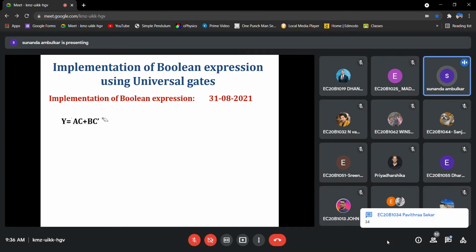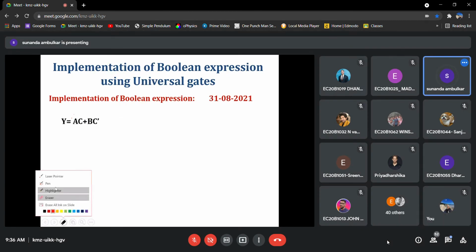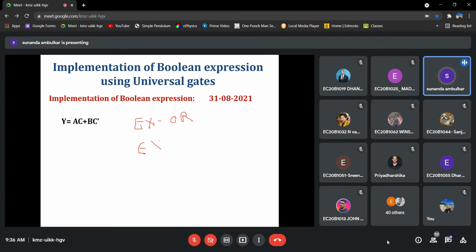What are these gates? Exclusive OR, XOR, and exclusive NOR, XNOR.